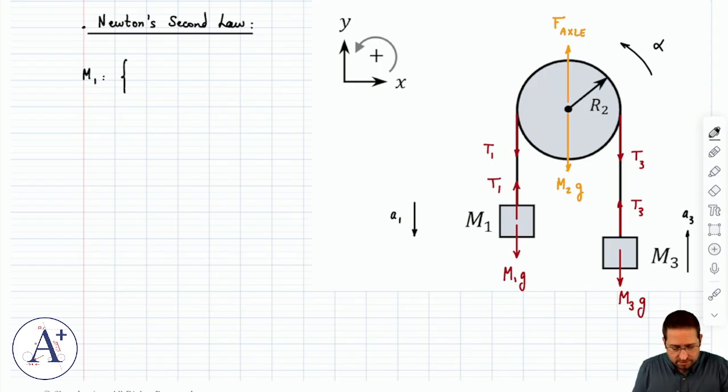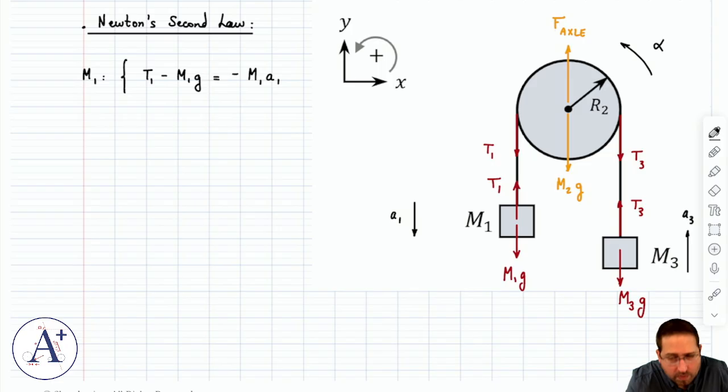Up is positive, that's what we're told here. So if up is positive for M1, I'm going to get T1 minus M1G, and don't go too fast, is equal to minus M1A1. That's why it's nice to draw A1. A1 is downward, so it's negative.